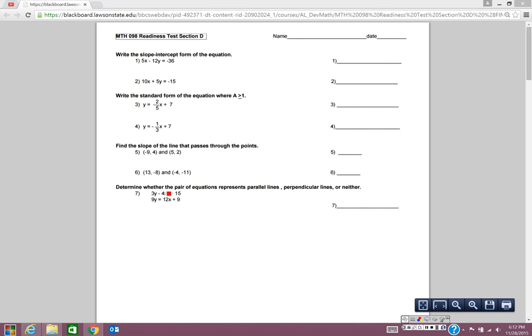So if we find that the slopes of these lines are equal, then their lines are parallel. So let me write that. Parallel lines have equal slopes.